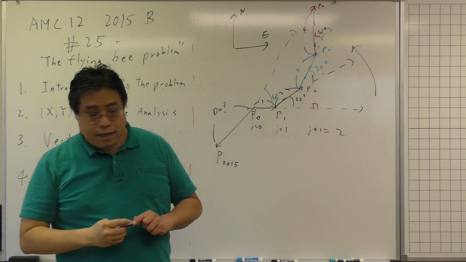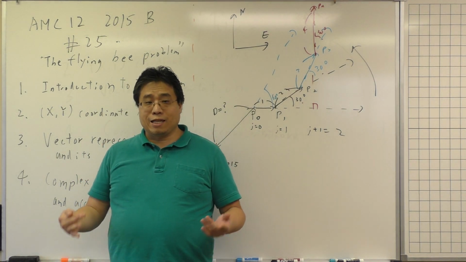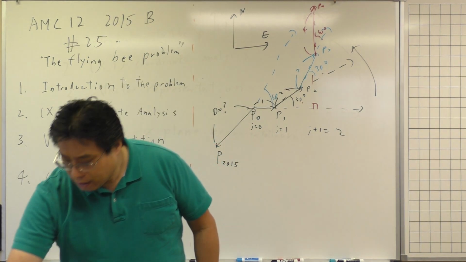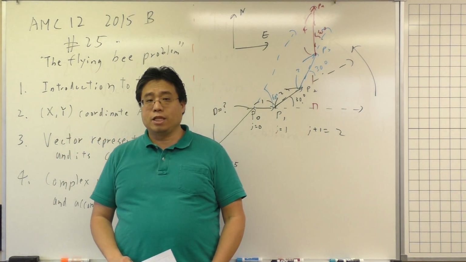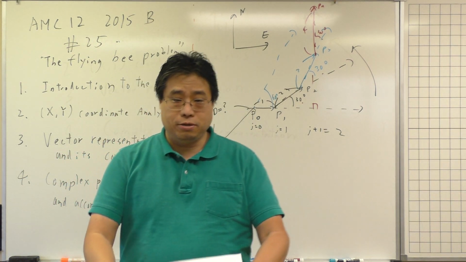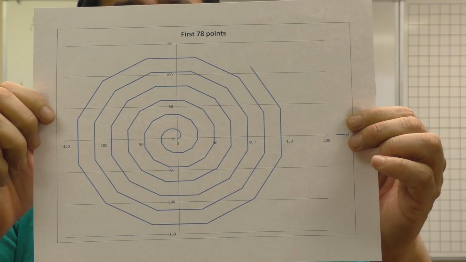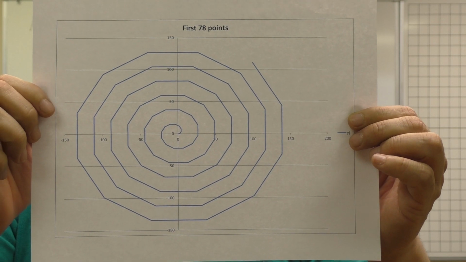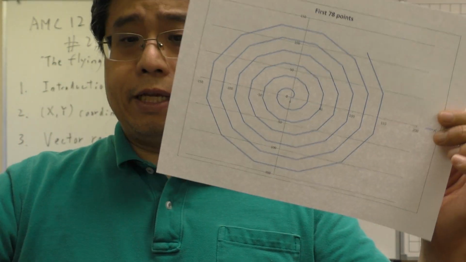I kind of ran out of the board here. So what would happen if we continue this? Well, I made a graph of the first 78 points, and this is how it looks. Notice that it looks like a spider web with periodic structure that's radiating out.